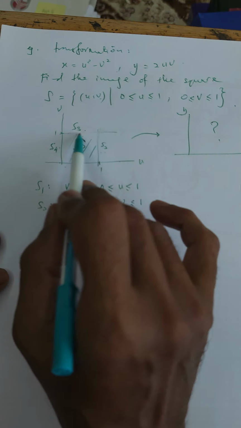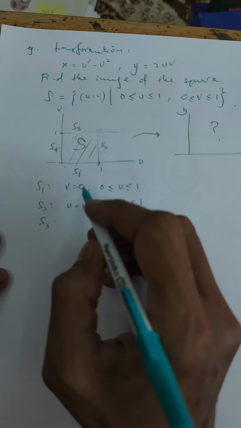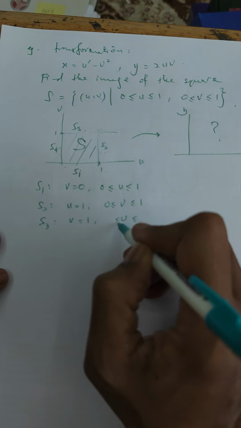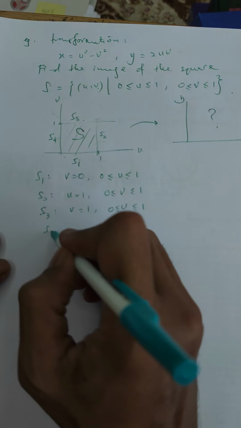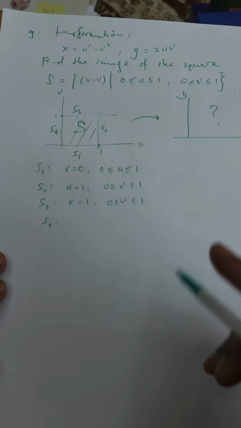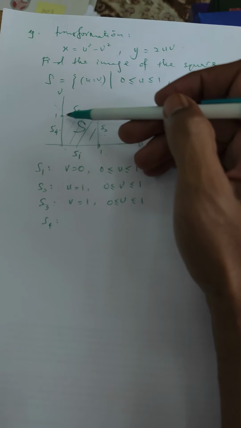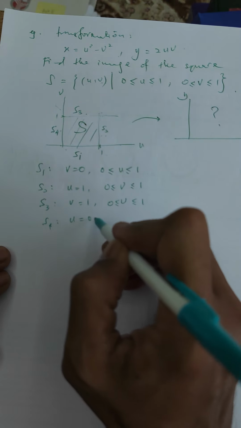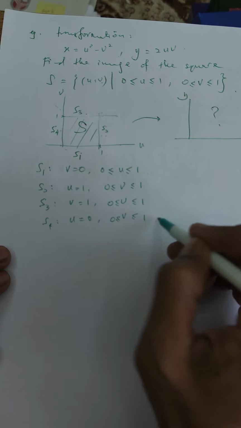For S3, we have v equal to 1 and u from 0 to 1. And S4, u equal to 0 and v from 0 to 1.